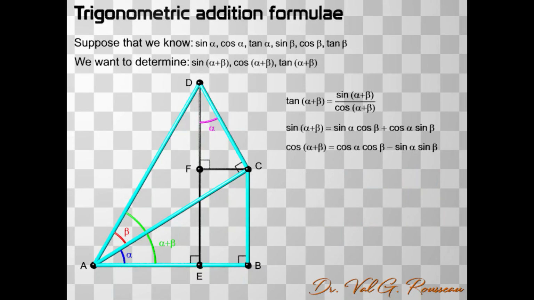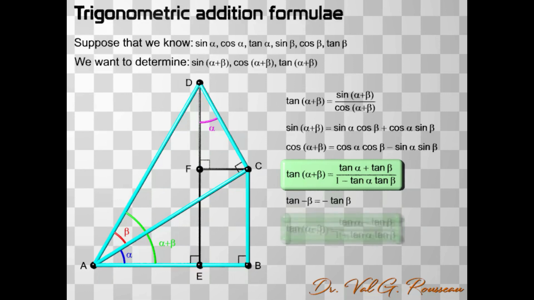Cleaning up the result, we get tangent of alpha plus beta equals tangent alpha plus tangent beta divided by 1 minus tangent alpha times tangent beta. As before, we obtain the tangent of alpha minus beta by replacing beta by minus beta.